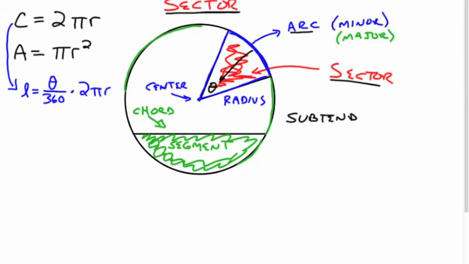The sector is based on our area, and the area of the sector, we'll write it as a subscript here, is going to be equal to theta over 360 times pi r squared. So all we're doing is taking a fraction of that. So let's look at an actual example and see how this works with the arc and the sector.